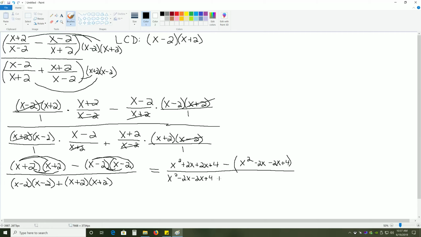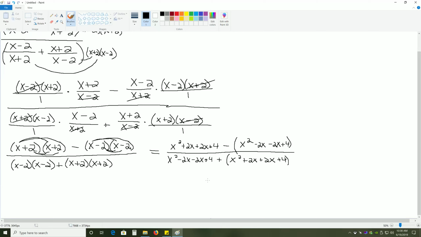And now we're going to have plus the quantity of x squared plus 2x plus 2x plus 4. And now from here, we're going to combine our like terms together.